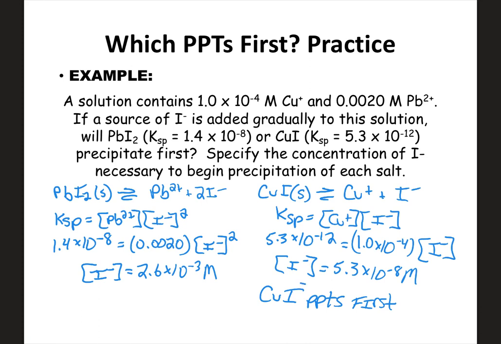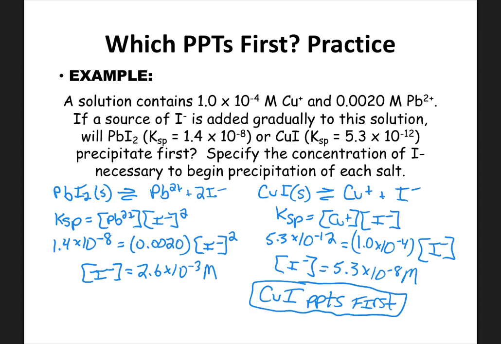So the CuI is going to precipitate first here because its concentration is lower for the I minus, and that concentration would be reached first, so it would precipitate out long before the PbI2 would, because the PbI2 needs to reach a concentration of I minus of 2.6 times 10 to the minus third before it could do it.